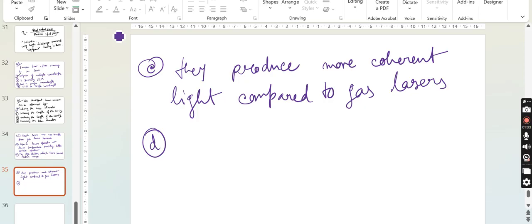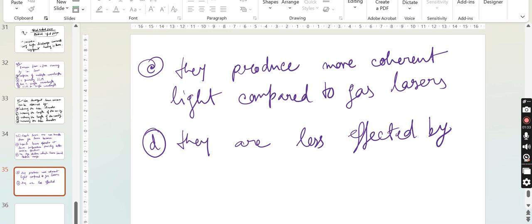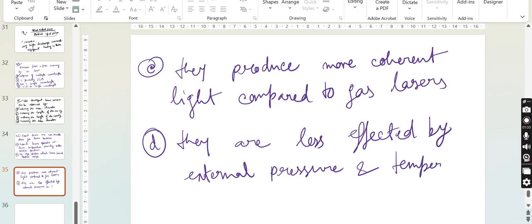D, they are less affected by external pressure and temperature changes.